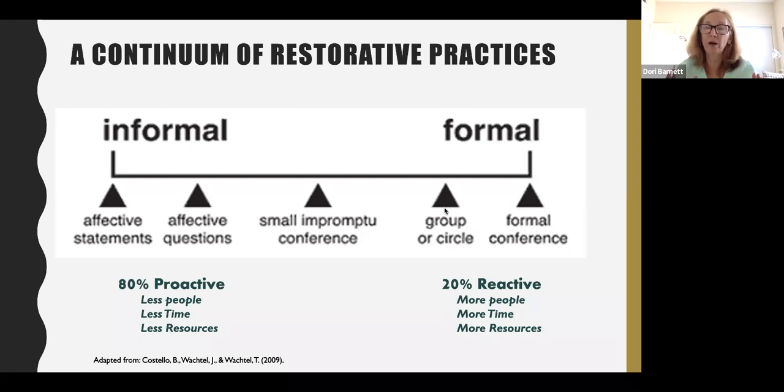Our community circles would actually go in the middle, but a more formal circle, like a harm circle or formal conference, goes through a structured script to manage conflict and come up with a restorative solution.